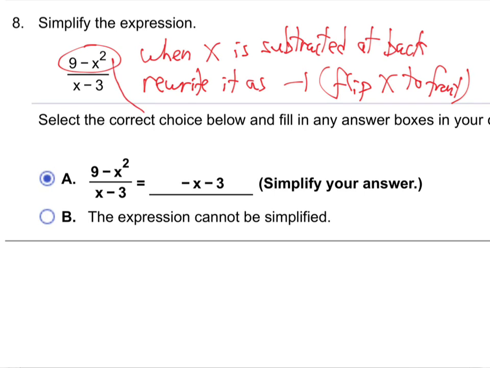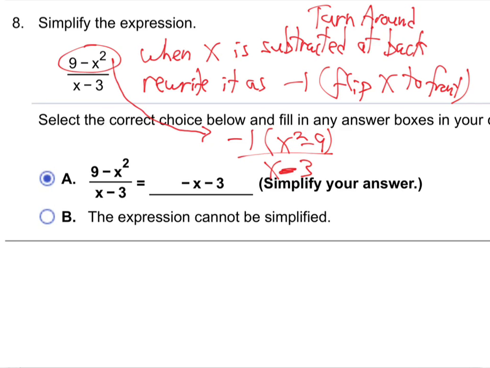So that top will become -1 times x squared minus 9. See how that flipped it around? Is that making sense? So that's an important rule. At least I call it the turnaround rule.